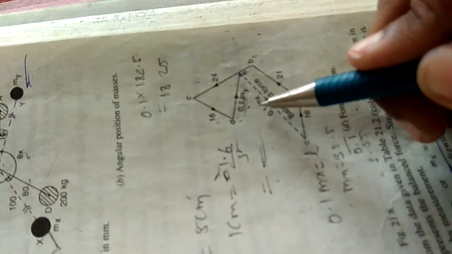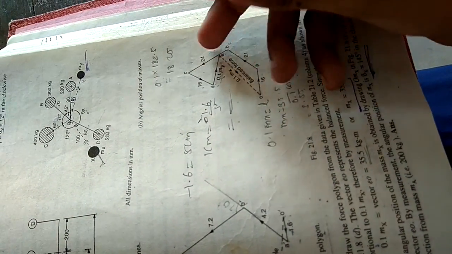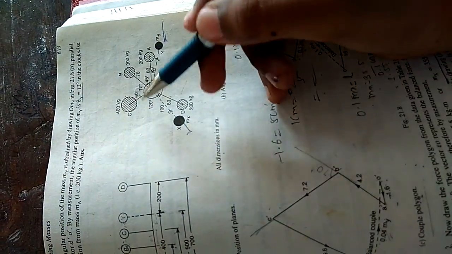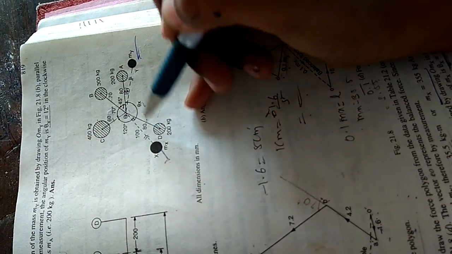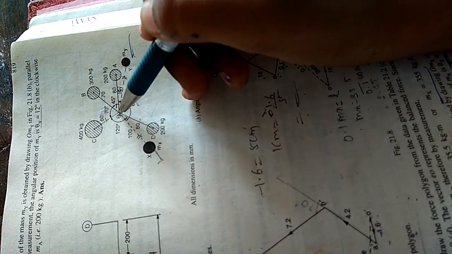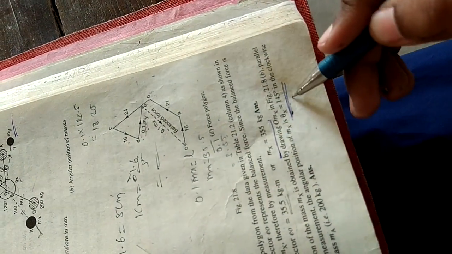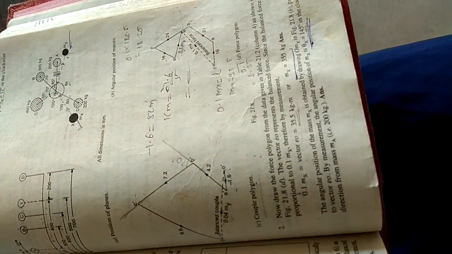See, in this case what you have to do is measure this angle. How do we measure this angle? For this, draw a parallel line in this diagram, that is in the angular position of masses, and then from this you have to measure from O to A. From this line to this you have to measure the angle, and it will obviously be greater than 90, and its value comes to around 145 degree in the anticlockwise.